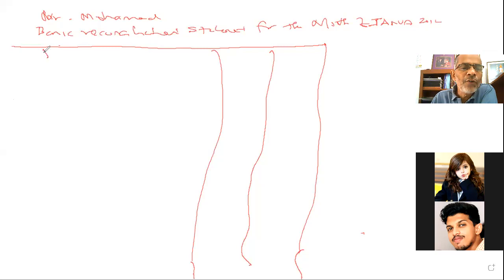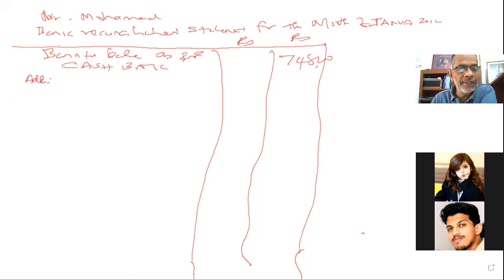Bank balance, you have to be careful what I am writing. Bank balance as per the cash book. Bank balance as per the cash book given is 74,800. We have some items to be added and also some items we have to deduct.